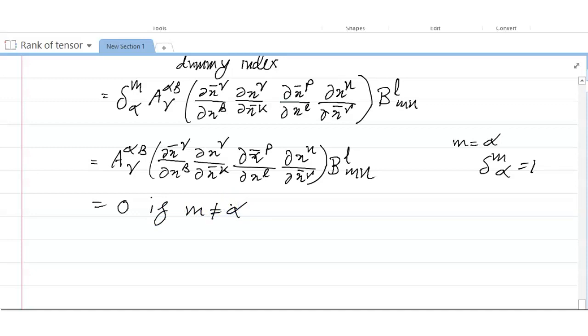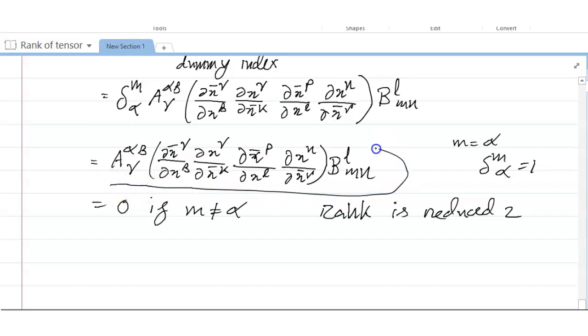So friends, I hope I can make this concept clear, and this is the way you can multiply an inner product. So friends, you see that the rank is reduced, and this tensor rank is 4.